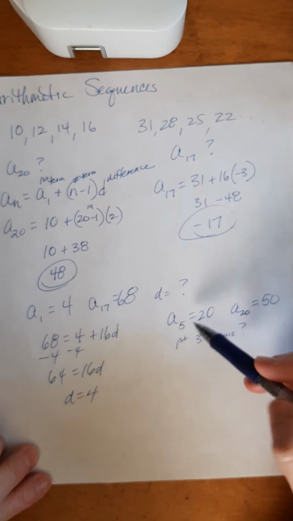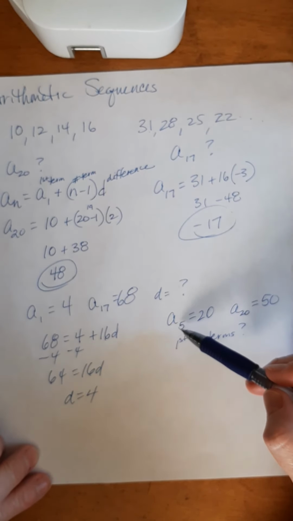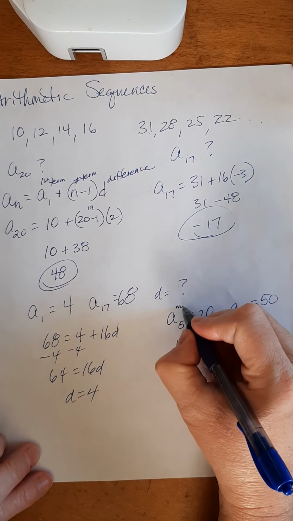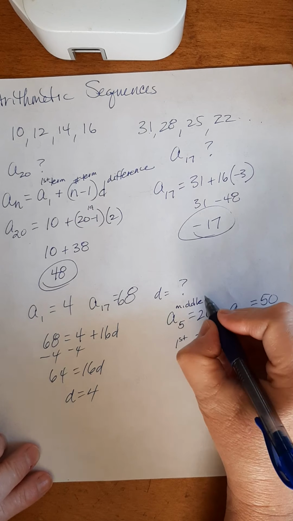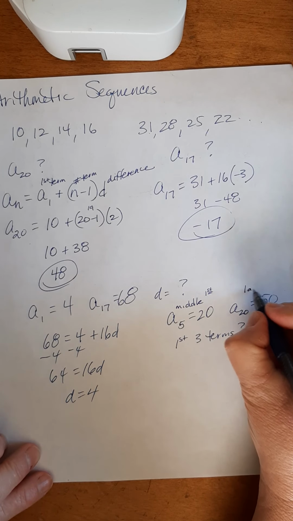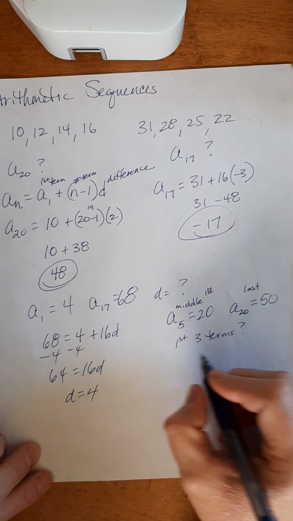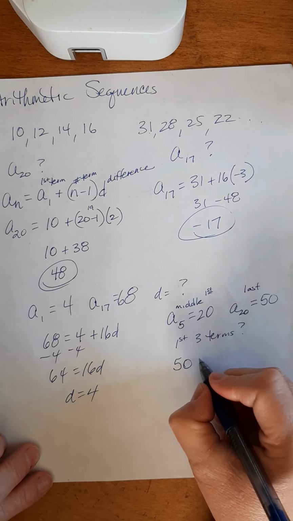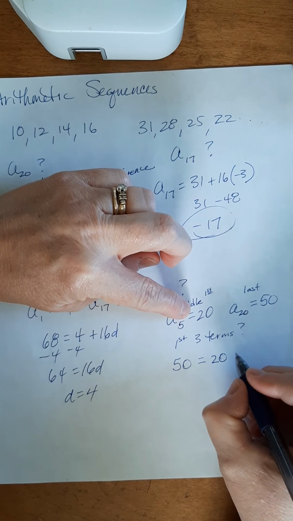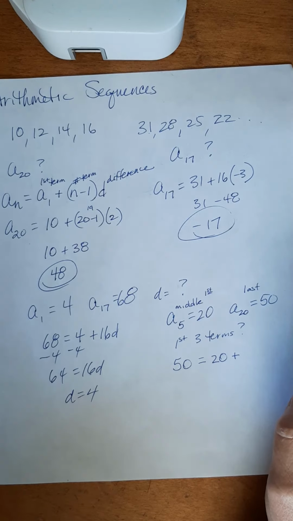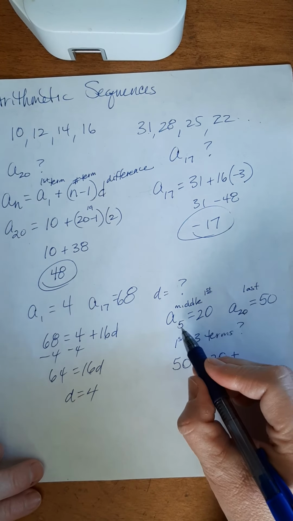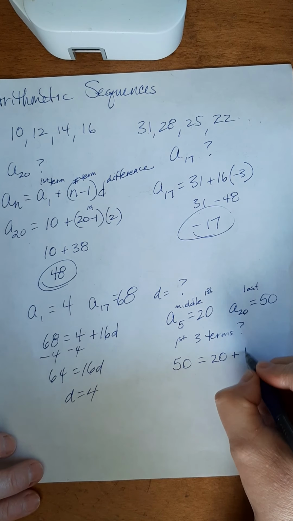So in this case, notice how they don't give us a first term, they give us a middle term. So it's the same formula. You've got your middle term, which we're going to treat kind of like our first term, and our last term. So we're going to have last term equals, instead of first term, we're going to go with the middle, plus, now rather than doing n minus 1, we're going to do 20 minus 5.